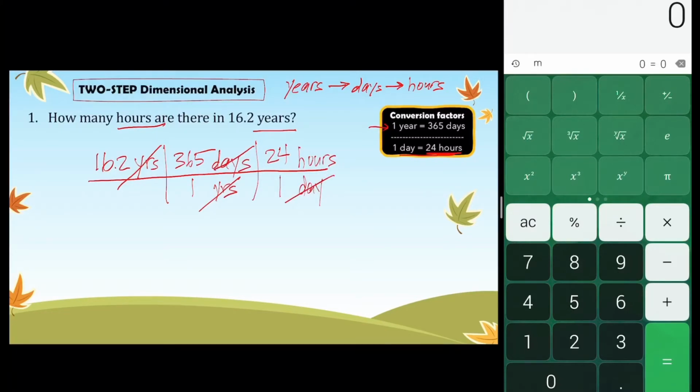So remember, when you are performing a calculation using dimensional analysis, the top row, those are all numerators, and we get to multiply across. So 16.2 times 365 times 24. That gives us 141,912 hours.